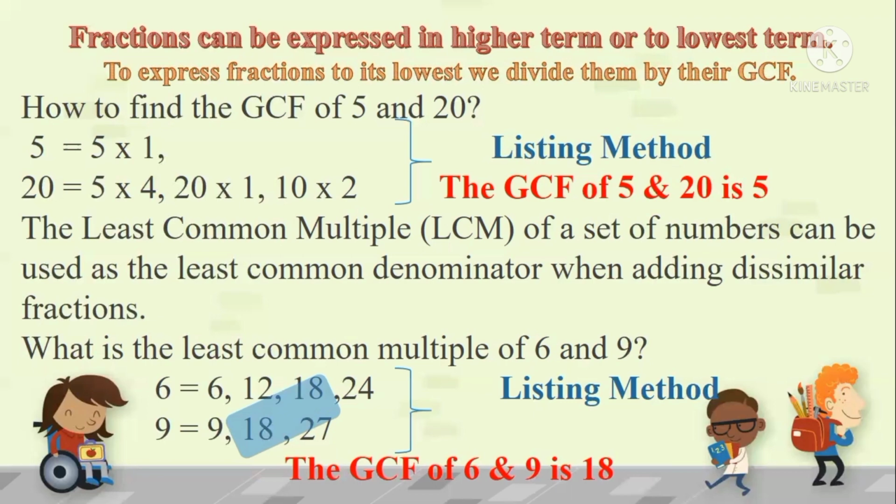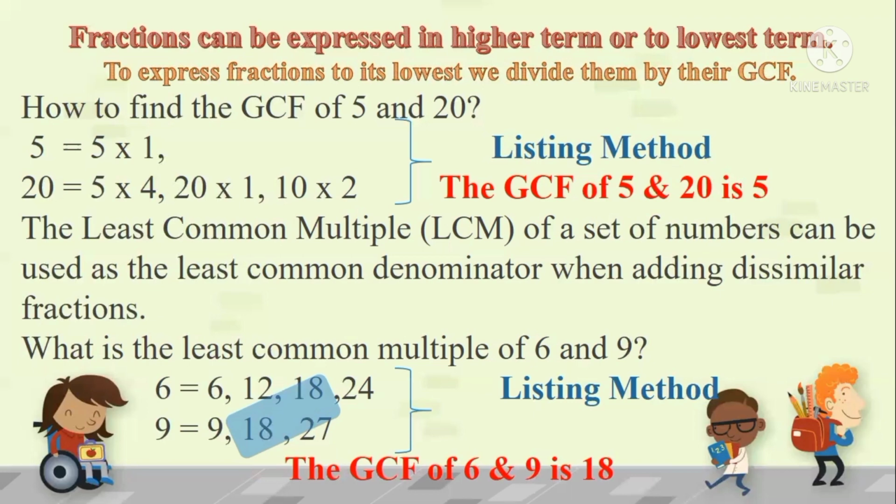Again, we are using the listing method. You're going to list down the multiples of 6. So you have 6, 12, 18, 24. It is just like skip counting by 6. And 9, same thing. You skip count by 9: 9, 18, 27, and so on.